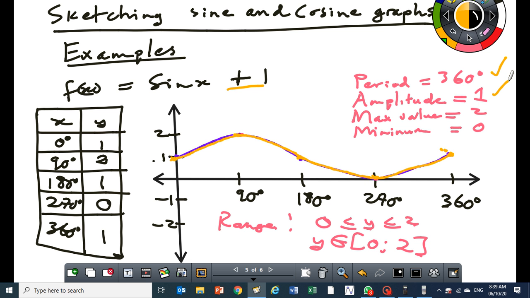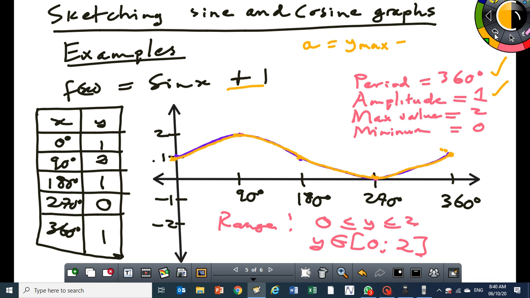Or you can just use the formula for the amplitude. So your maximum value is 2 and the minimum value is 0.